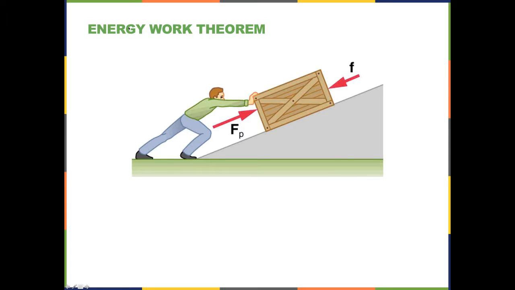Now remember the work energy theorem we worked with before. Here's a guy pushing something up an inclined plane. The force parallel is that part that's parallel to the displacement, and it's acted upon by gravity. The work energy theorem, we said before, is the net work on a system, and it's equal to the change in kinetic energy of this system.